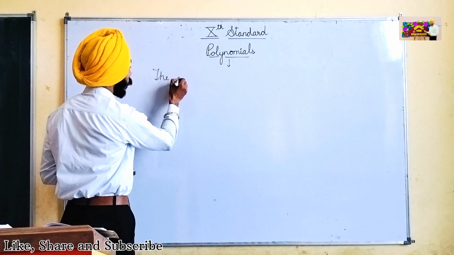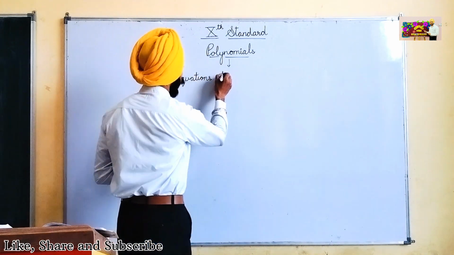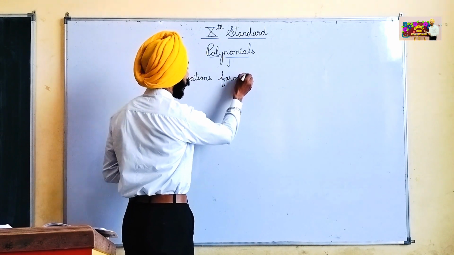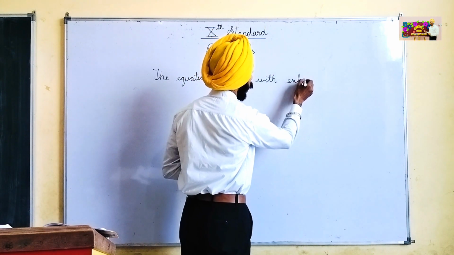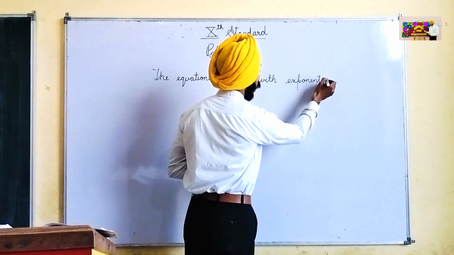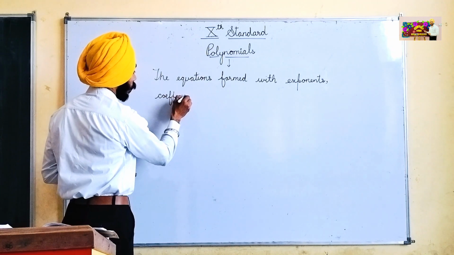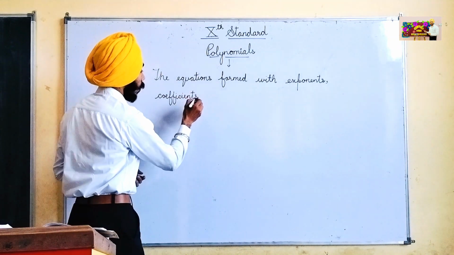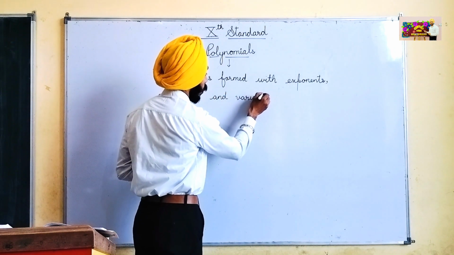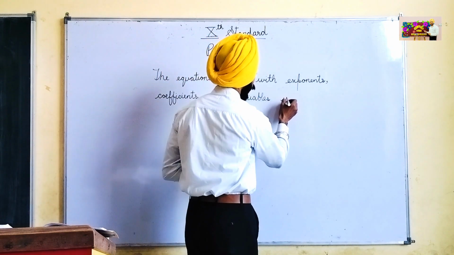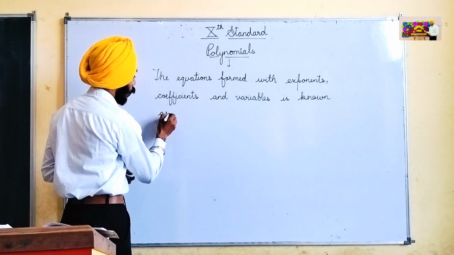The equations formed with exponents, coefficients and variables is known as polynomial.